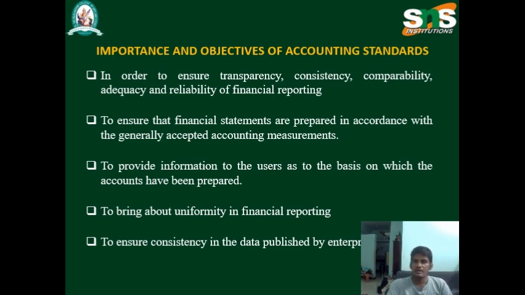Accounting standards are basic policy documents. Their main aim is to ensure the transparency, reliability, consistency, and comparability of the financial statements. Transparency: whatever information is there in the financial statements about the company's transactions should be transparent and should be disclosed.